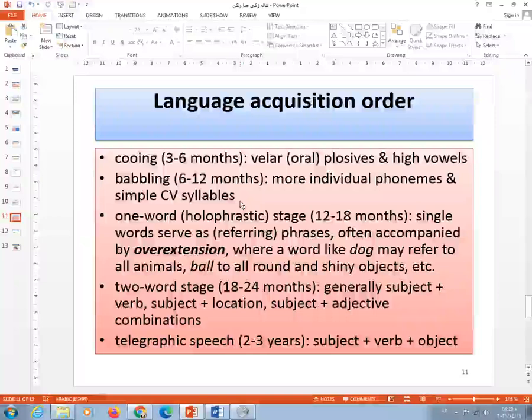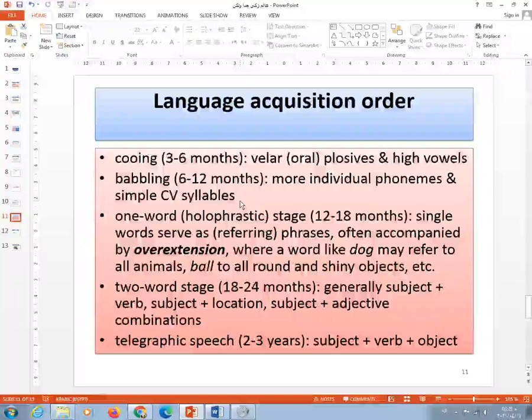But later on, children start to pick only the sounds that they hear from the surrounding environment, and these sounds create phonetic and phonological categories in their brain, and children start to confine themselves to such patterns.